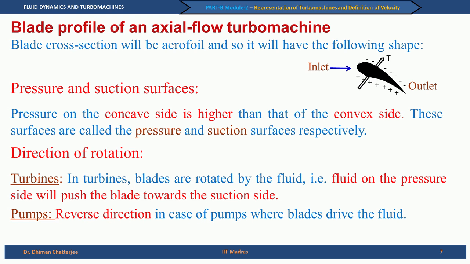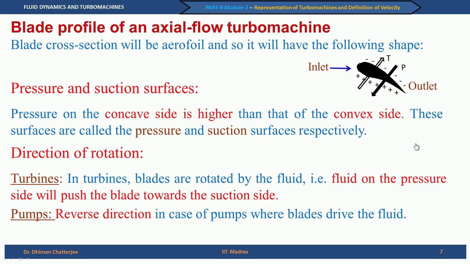In this case the blades drive the fluid, and hence the direction of rotation is reversed. Also, please note that we are using a filled arrow for pump, P for pump here, it can be pump or compressor, and this hollow arrow is for turbine. I will try to keep these arrow symbols as consistent as possible.